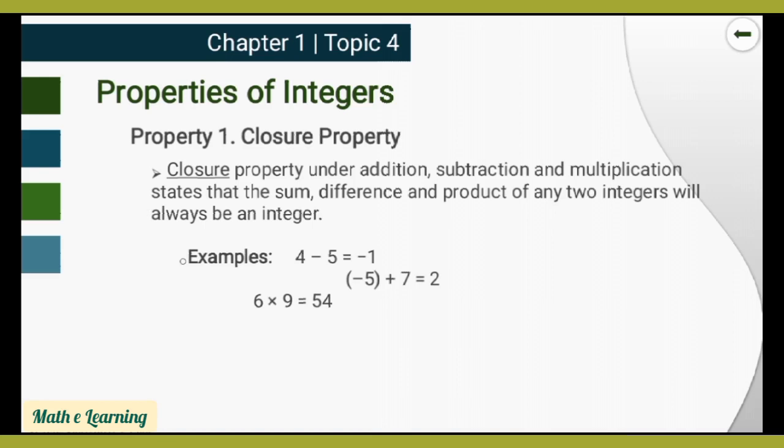So by doing addition, subtraction and multiplication of integers, we always get the answer as an integer. So this is about closure property, and it applies to addition, subtraction and multiplication.